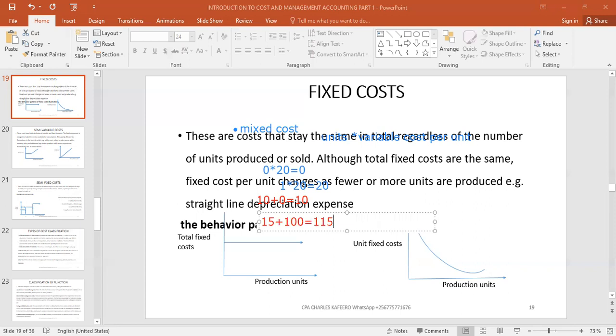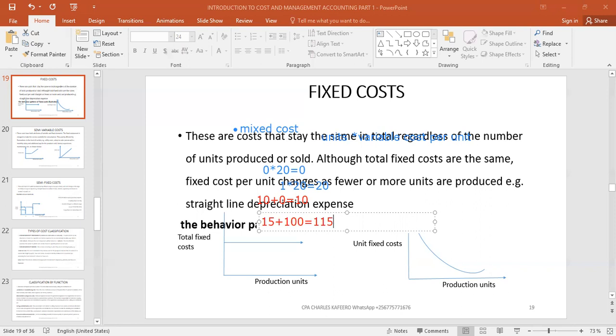So if you are to draw this curve, for the total fixed cost it will be moving horizontally, but when it reaches 5 kilograms of output, it will increase by 5, and then it becomes constant until it reaches the 20, whereby another range will be exceeded, and we will also incur an extra 5,000.